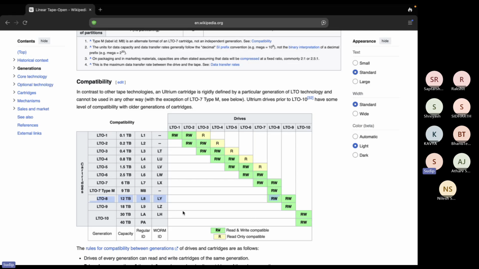But again from LTO9 and LTO10, only the last 2 generations you can read or write. So this is very important for you to understand, the compatibility of tape drives with tape cartridges.